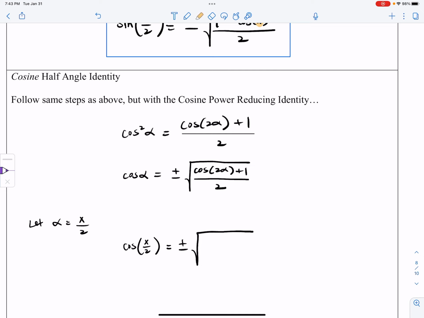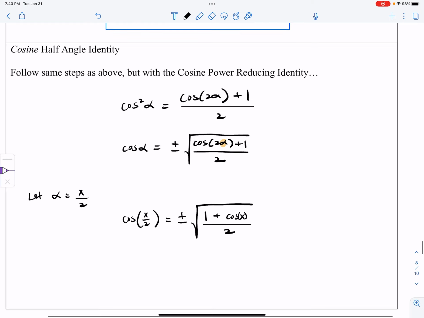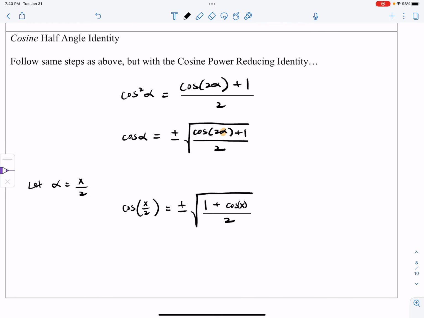And when we replace this alpha with x over 2, notice that the 2's cancel, and we have cosine of x plus 1. It's actually usually 1 plus cosine, all over 2.